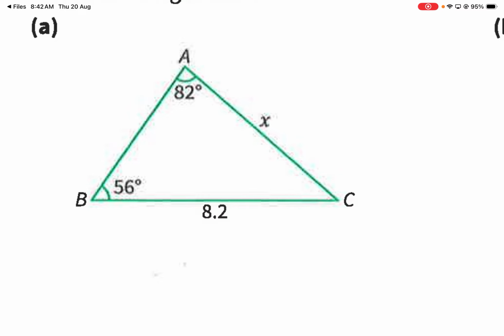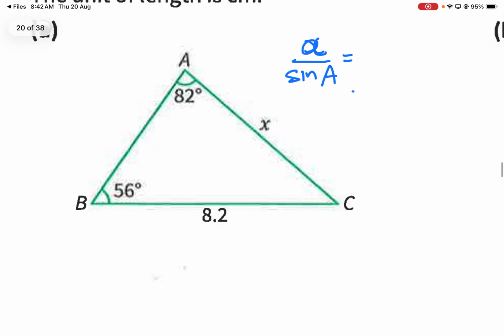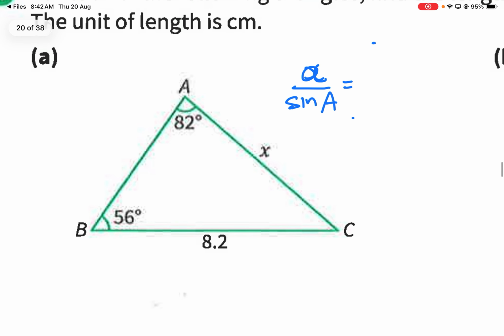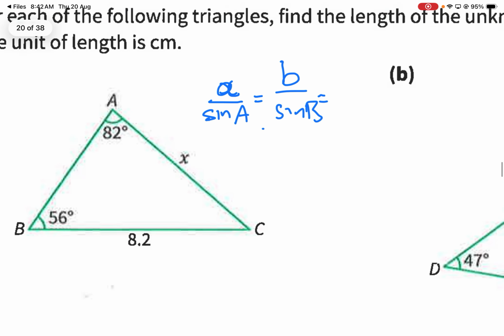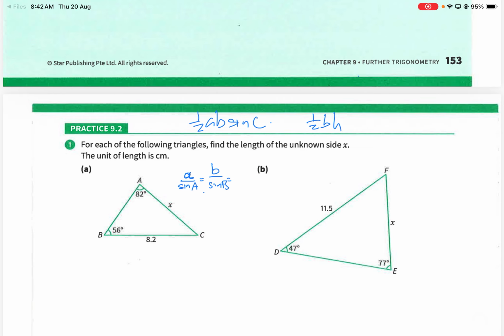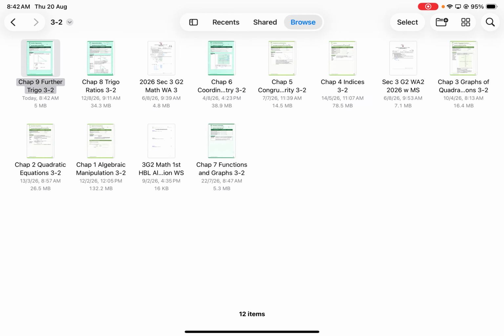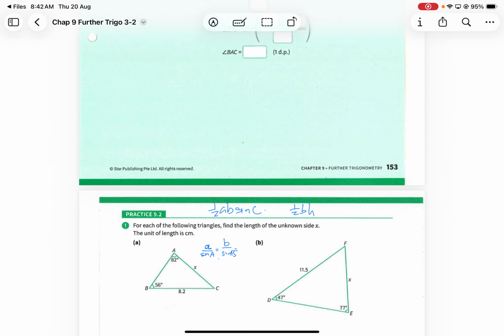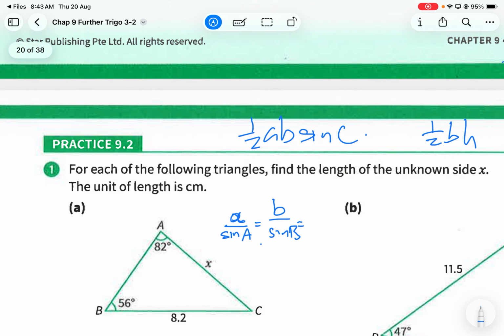Okay? So sine rule again. The two forms of sine rule that you have: a over sine A equals b over sine B equals c over sine C. Okay?